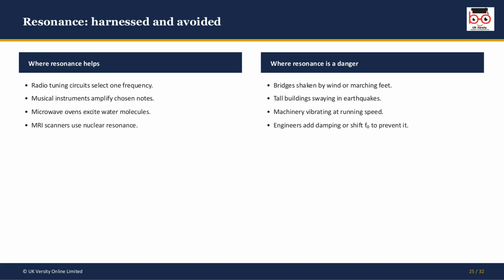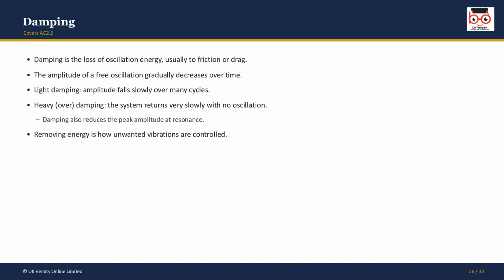Tall buildings can sway in earthquakes, and machinery can vibrate badly at its running speed. The engineer's answer is to add damping or to shift the natural frequency out of harm's way, which leads us neatly to damping, the loss of oscillation energy, usually to friction or drag.